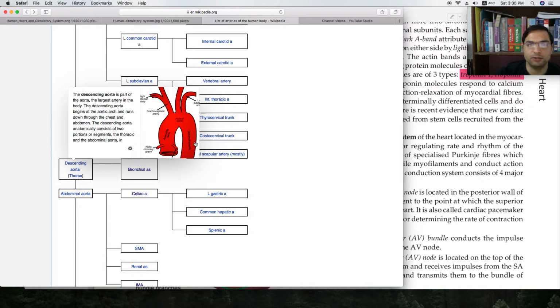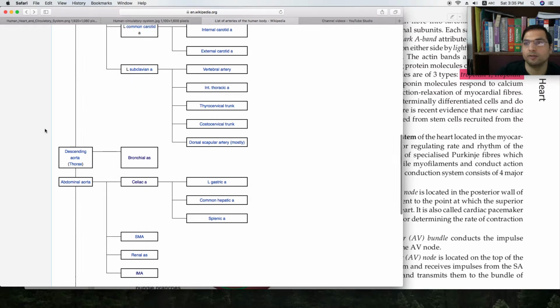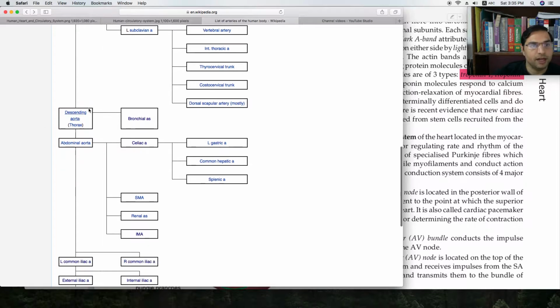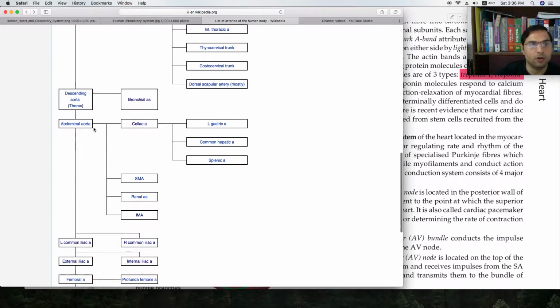To the lungs, it gives one bronchial artery, right? So lung has dual blood supply, one from the bronchial artery and one from the pulmonary vein, right? And when it descends down to the descending aorta or the thoracic aorta, and then it goes down and becomes abdominal aorta. Now abdominal aorta gives its first branch as celiac artery, right? Celiac artery.